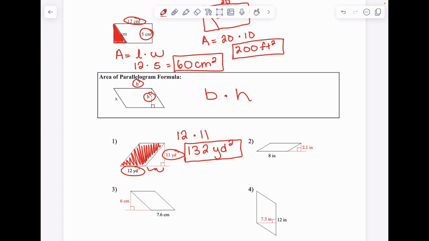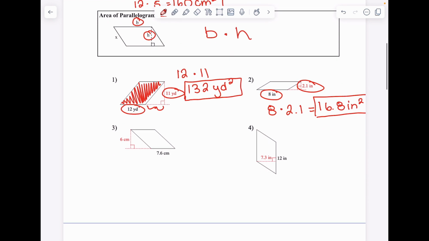In number 2, my base is 8 inches and my height is 2.1 inches. So 8 times 2.1 will give me an area of 16.8 inches squared. For number 3, I have a base of 7.6 centimeters and a height of 6 centimeters.